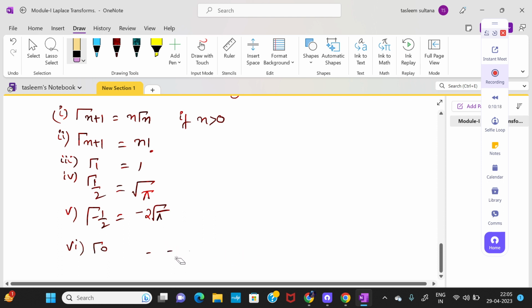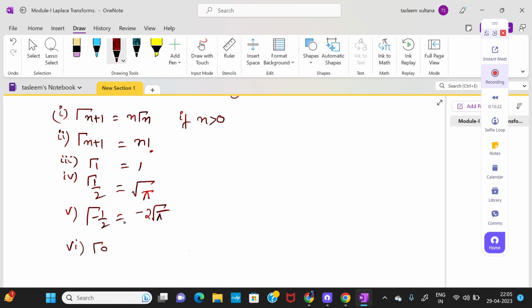Gamma 0, gamma minus 1, gamma minus 2, gamma minus 3, and so on, all are not defined. These values we do not have. No one has yet defined these values.